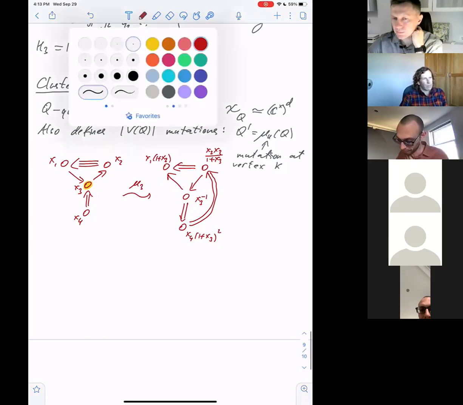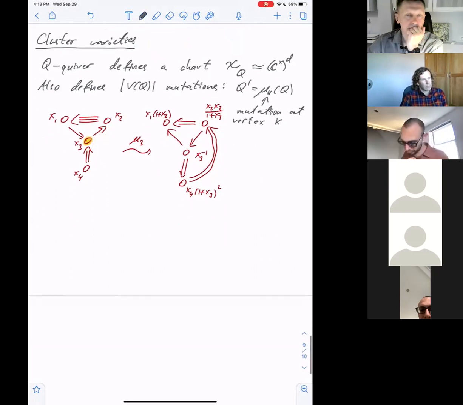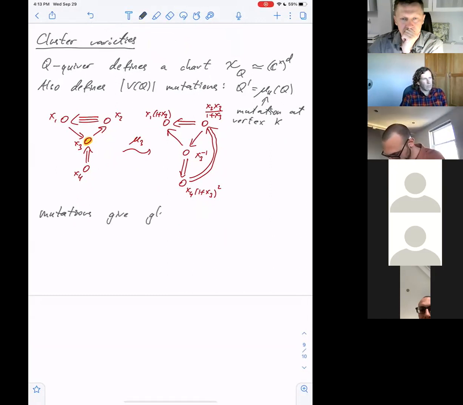But before that, let me just again point out that mutations are just gluing, so they give gluing data for cluster charts.